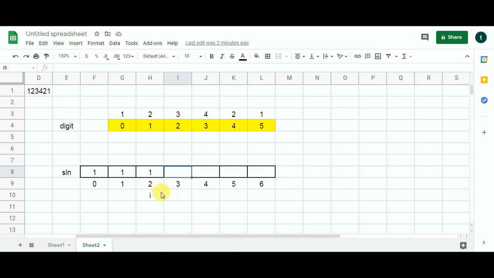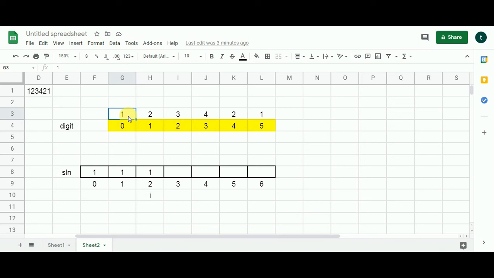Now we have already got 1. Now we have to check whether we can get another possible decoding out of it. So we are going to go to the I minus 2th cell of the digit array, which is going to be 0, because I over here is 2, and 2 minus 2 gives us 0. So we have 1 over here. We check whether the value of this cell is either 1 or 2.